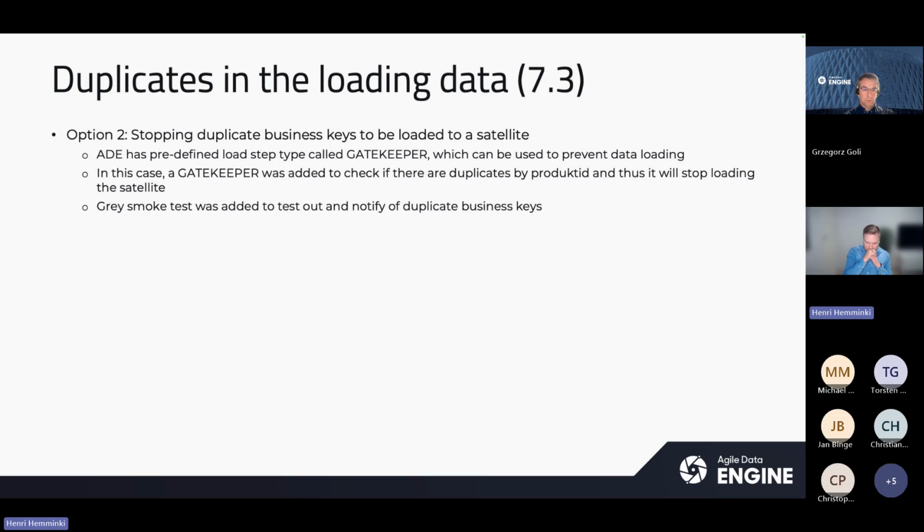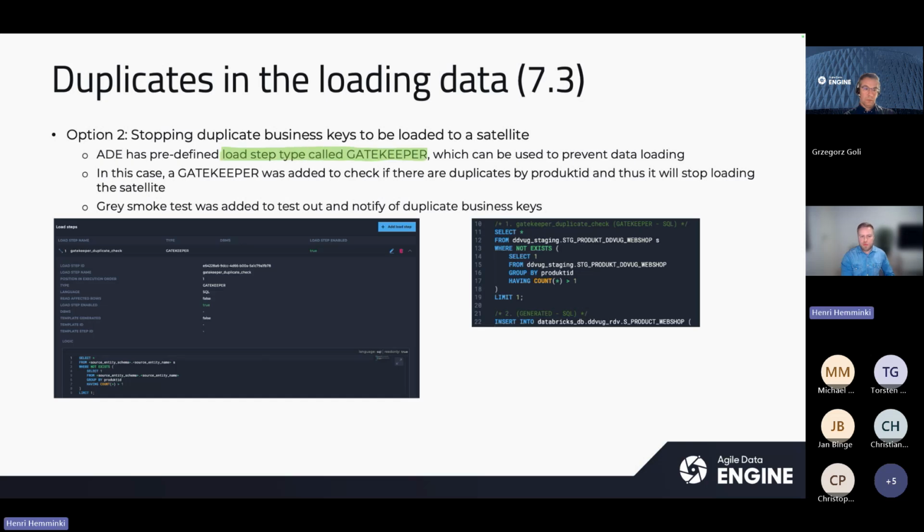But the second option would be to stop the load altogether. For that, we have a step called gatekeeper, where we can add some SQL code to check if the incoming data can actually be loaded to the target table. In this case, we utilized that to check if there are duplicate keys, and then it won't insert the records to the satellite.